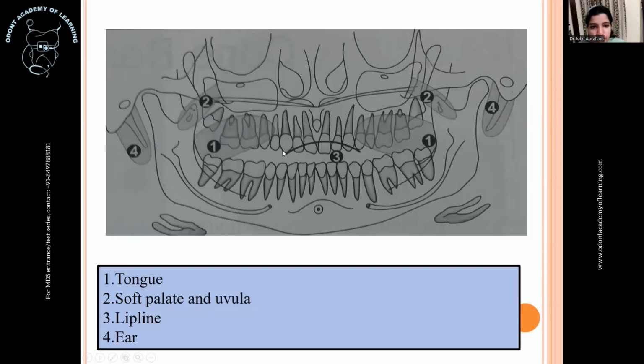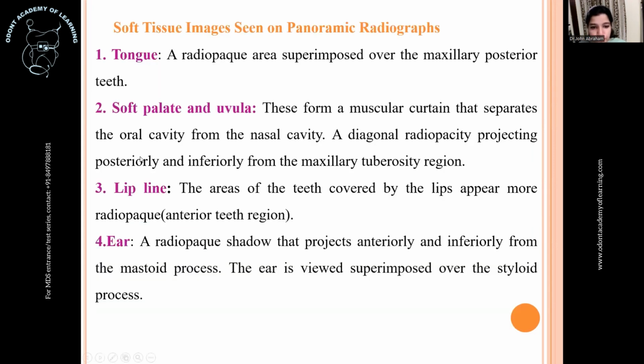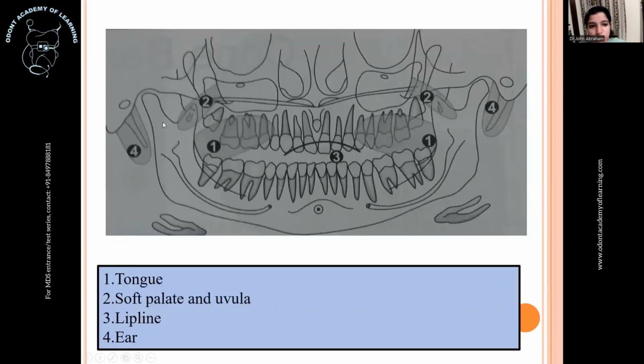Next is your lip line, which will be seen as a radiopaque band in the maxillary central incisor region. And last is your ear, which will be seen as a radiopaque area over your styloid process. So these are the shadows of the soft tissues that can be visualized.